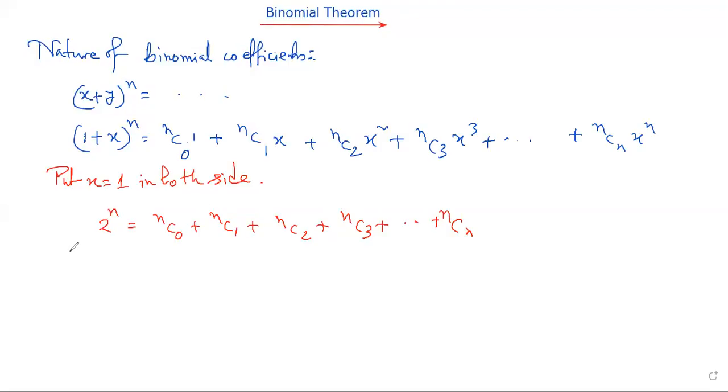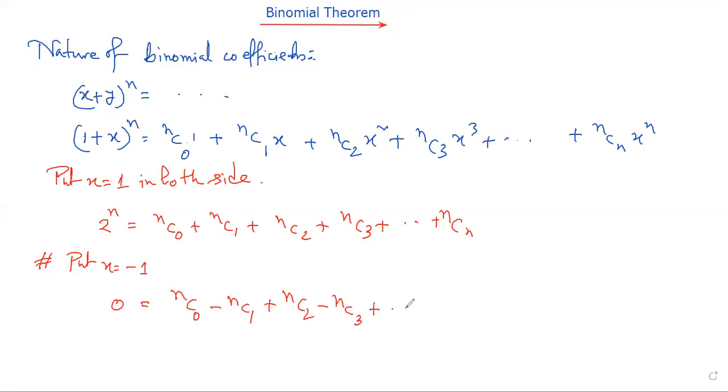Okay. Now one other thing: put x equal to minus 1. Then what happened? 1 minus 1 is 0. That is equal to nC0 minus nC1, because at that time the power of x is 1, so it should be minus, as I have taken minus 1, plus nC2 minus nC3.